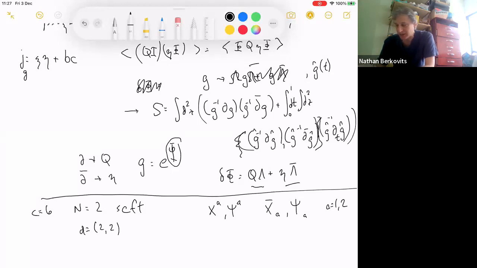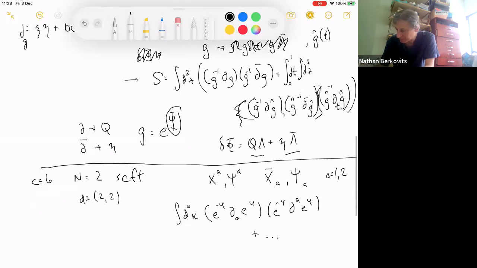If you work out the action, you find that this action describes 4-dimensional Yang-Mills. Instead of writing it like this, it's d4x e to the minus phi, where instead of d you use d A, phi, d A, plus dot dot. So this is the action for self-dual Yang-Mills.